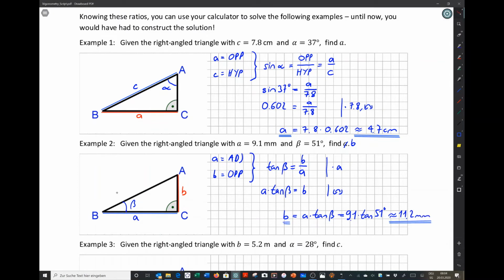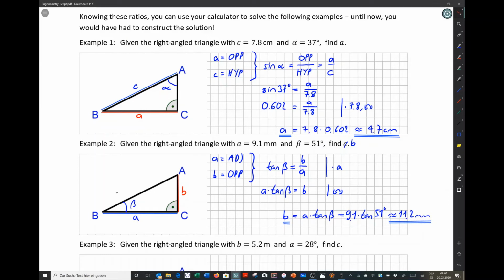Please note that when multiplying here with A, I have written A times tangent of beta. I could have also written tangent of beta times A. I do this on purpose because when you want to calculate this and you insert the numbers, if you write tangent of 51 times 9.1, you have to be very careful when you enter it in the calculator that you calculate only tangent of 51 and then the result you multiply by 9.1.